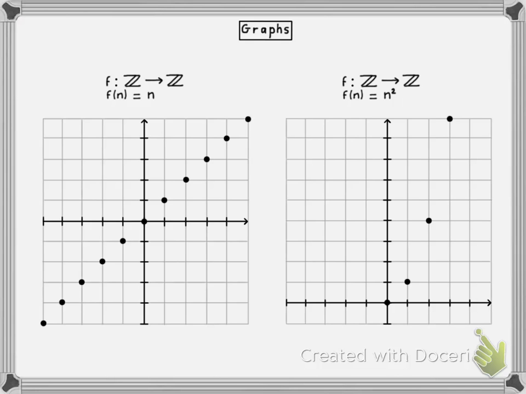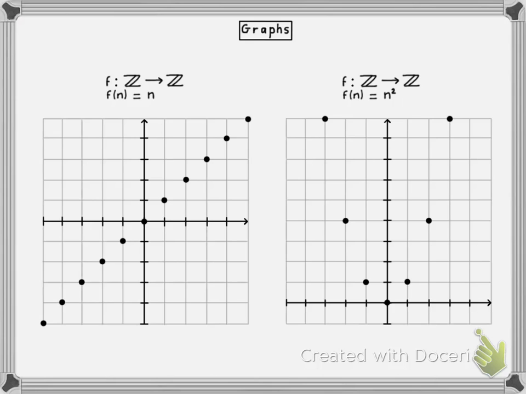And if n is equal to minus 1, then minus 1 squared is 1. So the next point is minus 1, 1 right here. Minus 2 squared is 4. So the next point is right here. And so on and so forth. Minus 3 squared is 9. And so this is the discrete version of what you know as a parabola.